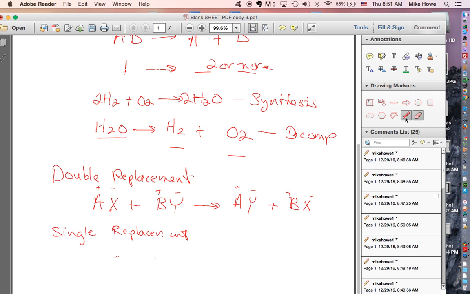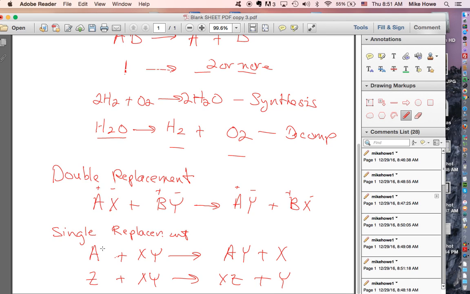So the general format would be A plus XY yields AY plus X. Another general format might be Z plus XY yields XZ plus Y.